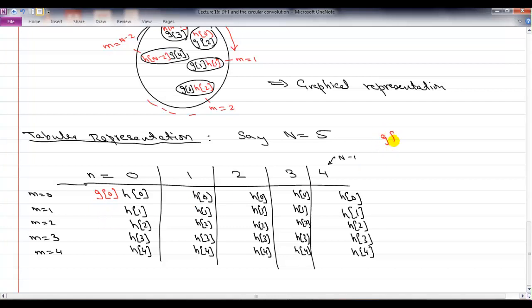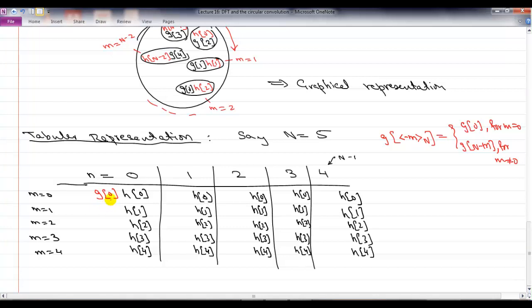So the formula is G of minus m mod n, where n is 5 in this case, is simply G of 0 for m equal to 0 and G of n minus m for m not equal to 0. So the first column simply corresponds to this circularly flipped version.